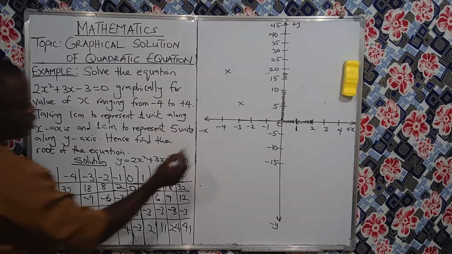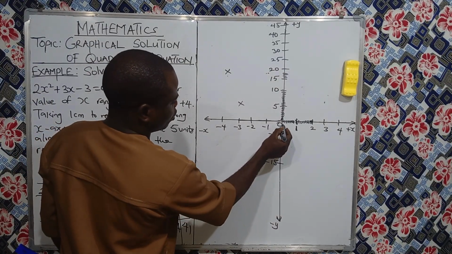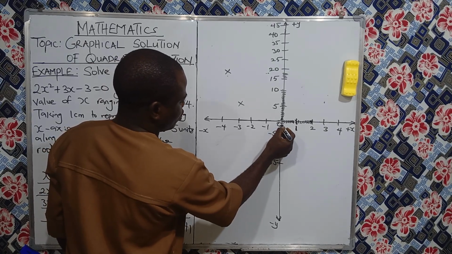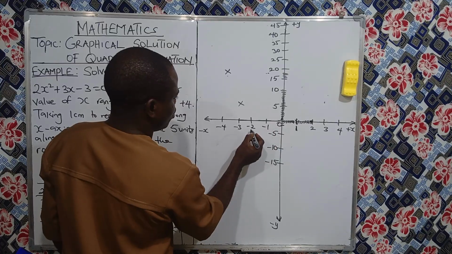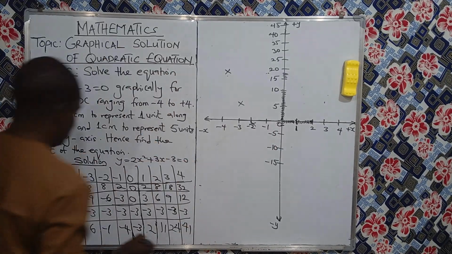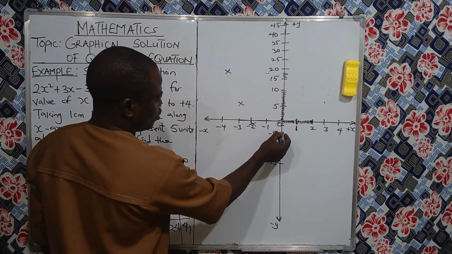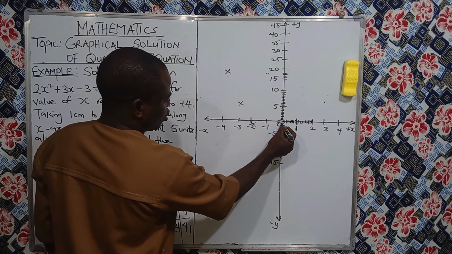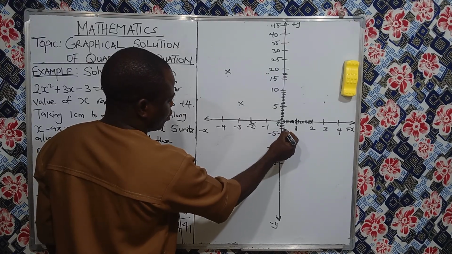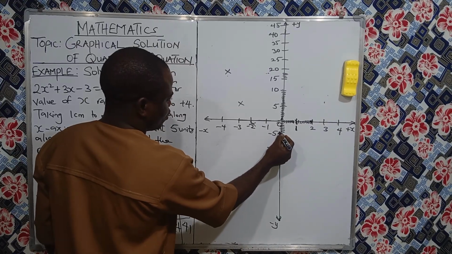Minus 2 to minus 1, your minus 1 will be minus 0.5, minus 1. Minus 1 to minus 4: 0, minus 0.5, minus 1, minus 1.5, minus 2, and so on to minus 4.